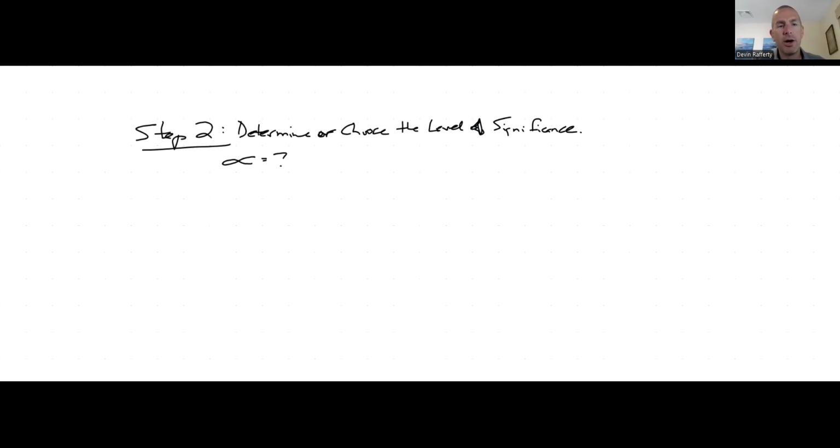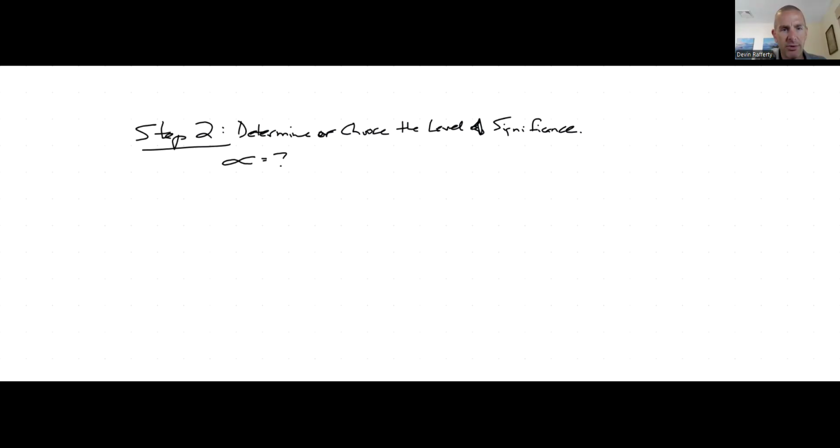So you will make the determination. You will say, all right, I want level of significance to be 0.05. I want it to be 0.01. I want it to be 0.1. That's what you do in step two. You make that determination. And honestly, this usually takes you 2 seconds. Just go level of significance, 0.05. Done. Right? Over.